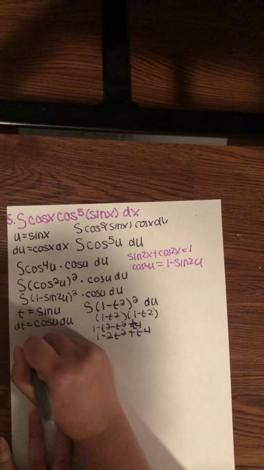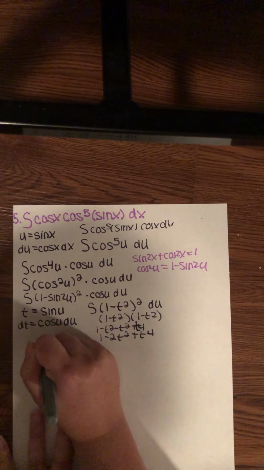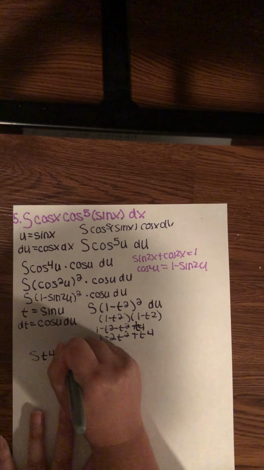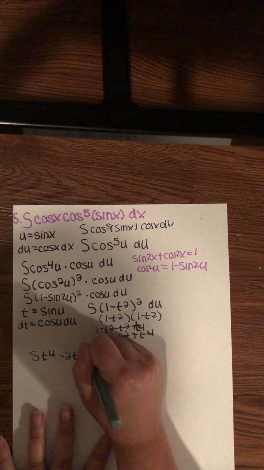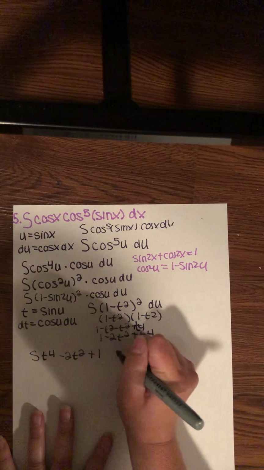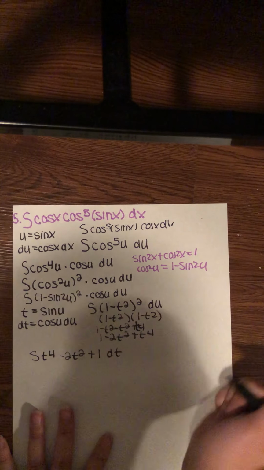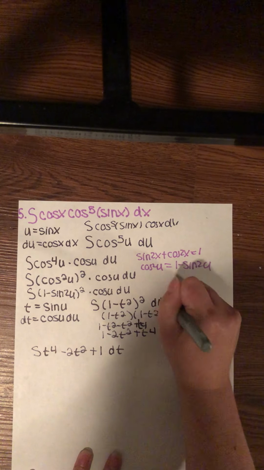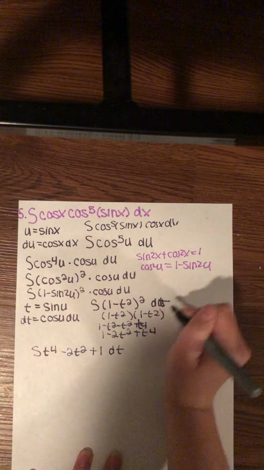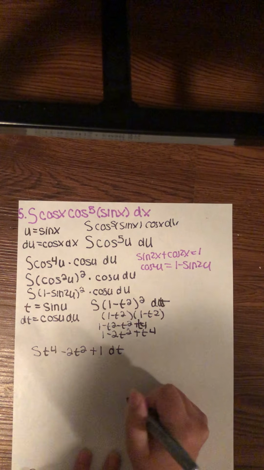So to simplify the integration, it's the integral of t to the 4th minus 2t squared plus 1 dt. I forgot, this is dt. So we're getting rid of this du and putting in dt, just to be clear.